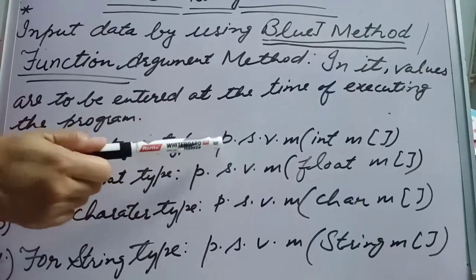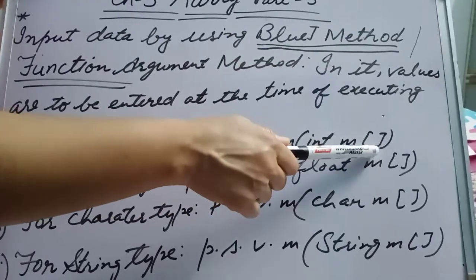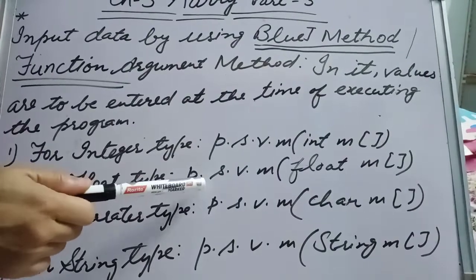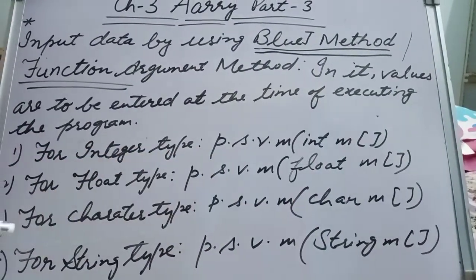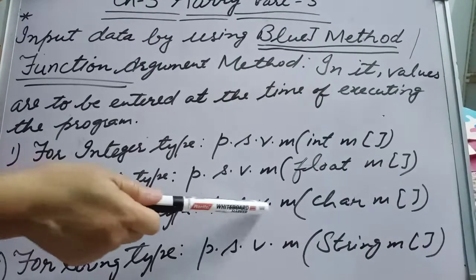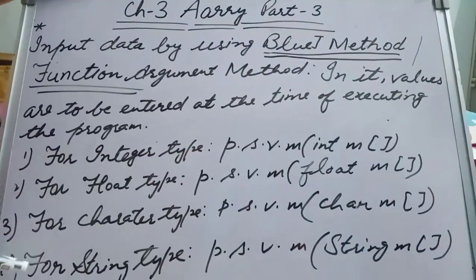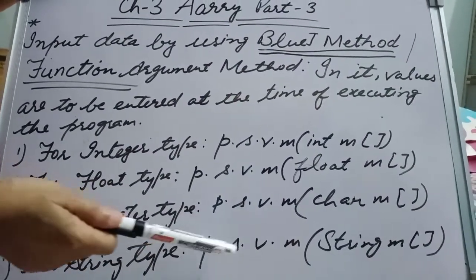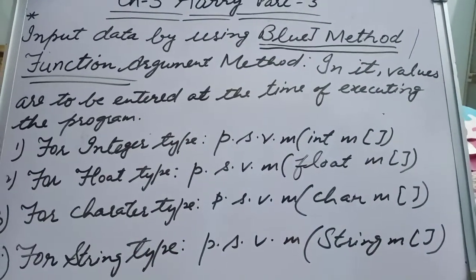Same way here also, public static void main int m with a subscript for an array. If data is a float type, then public static void main float m. For character, public static void main char m with a subscript. Then for string type, public static void main String m with a subscript.